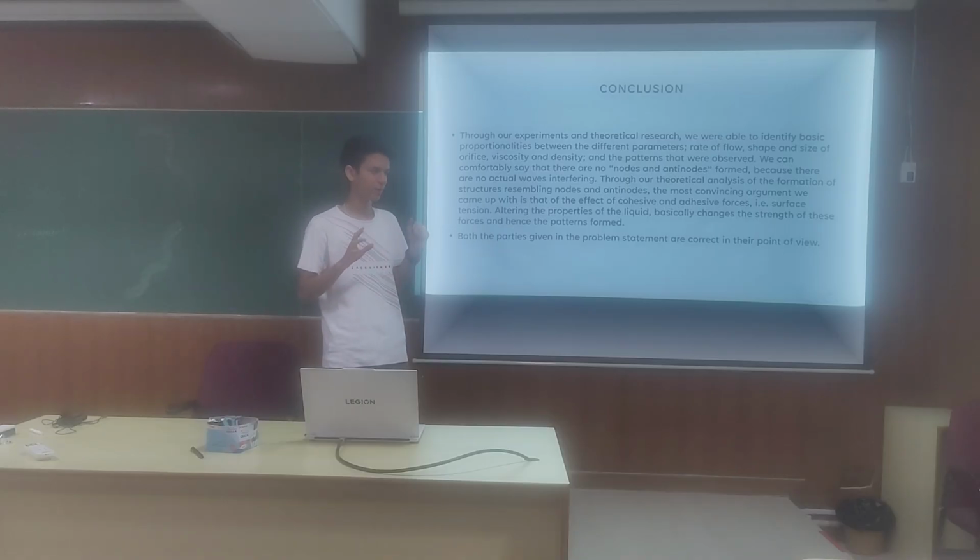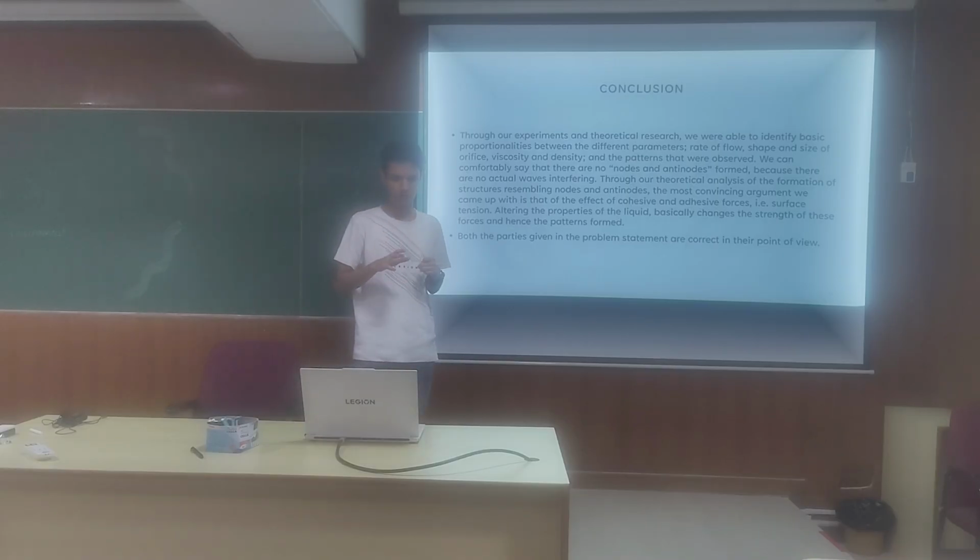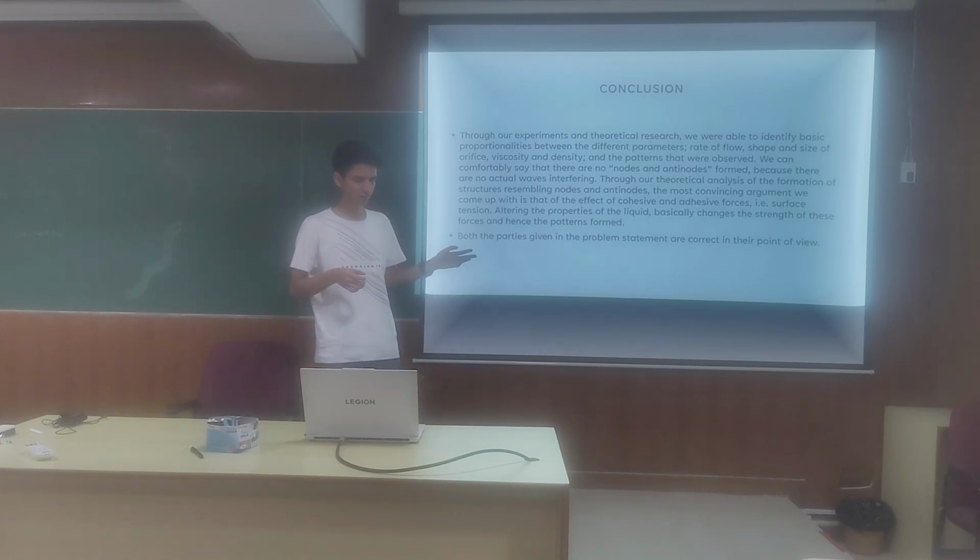to identify basic proportionalities, like what increases with what and decreases, like wavelength and so on. So we were able to observe the effects of rate of flow, shape of orifice and size of orifice. We also tried viscosity, but we can't comment on that too much based on the experiments.